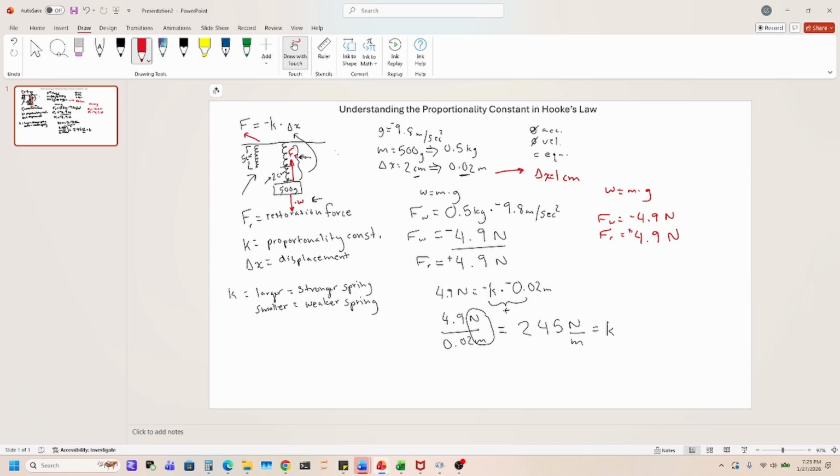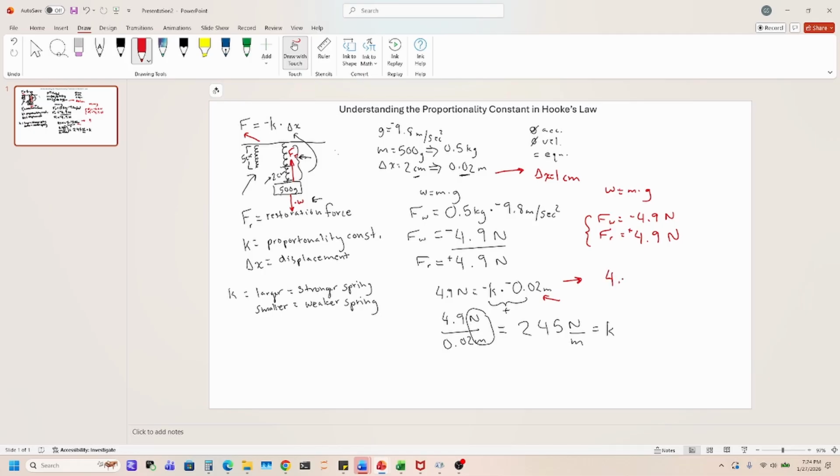Okay? Because that is directly related to the weight. So that's why these things aren't changing at all. So what we get is we're going to find a different k value based off of our displacement being smaller. Instead of having 2 centimeters of displacement, we're going to have 1 centimeter of displacement.